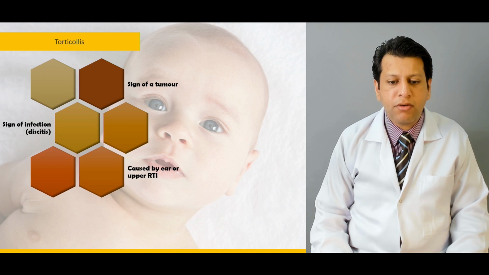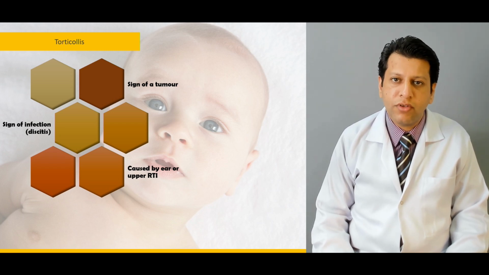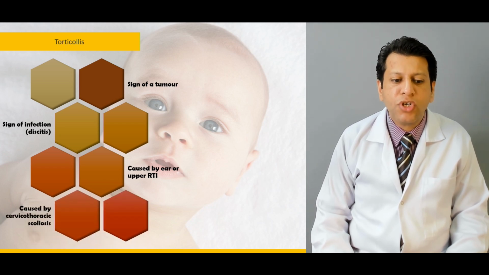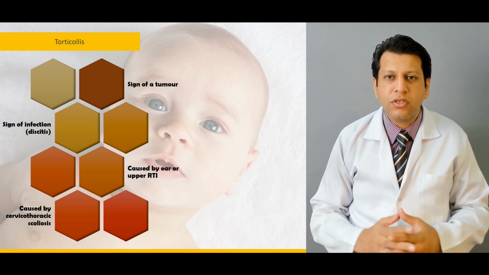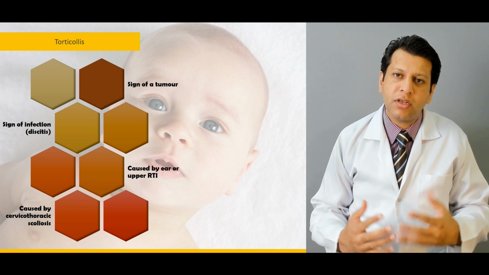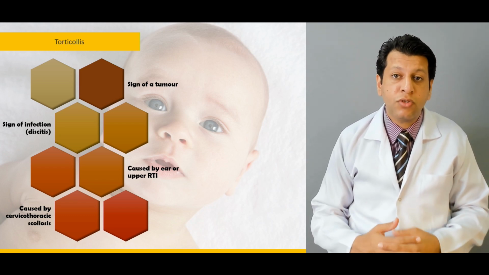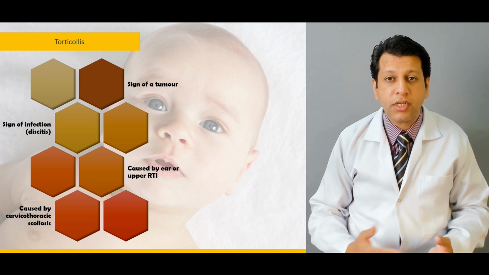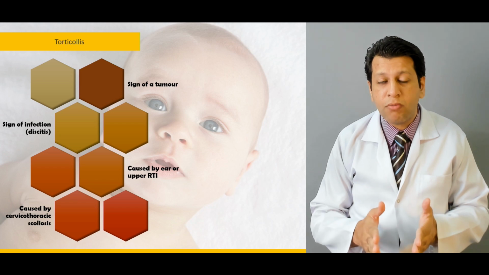Or it may be caused by an ear or upper respiratory tract infection, which may eventually lead to some form of torticollis. And it may be caused by cervicothoracic scoliosis. Now, scoliosis is also very common in children, especially the infantile form, which is more aggressive and usually involves the upper thoracic and cervical spinal vertebrae. The problem may actually be in the vertebrae themselves.